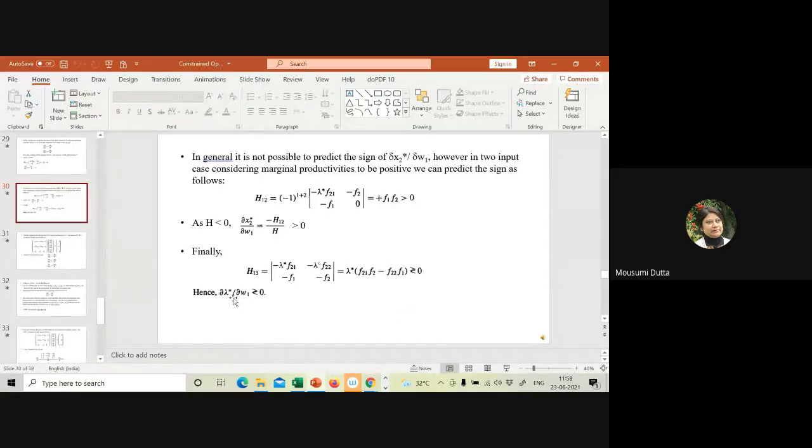So please add this: del lambda star by del W1. Del lambda star by del W1 can be greater than 0 or less than 0, depending on the sign of, within bracket, F21 F2 minus F22 F1.